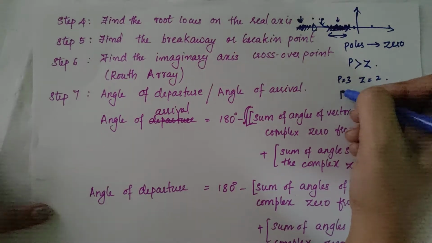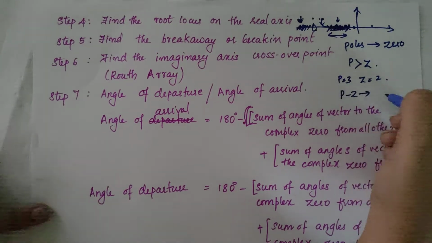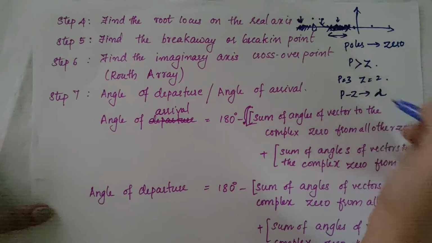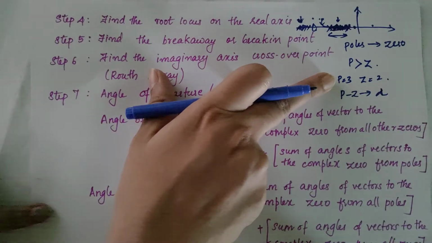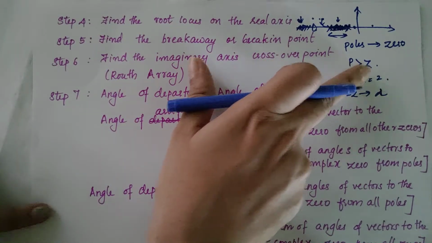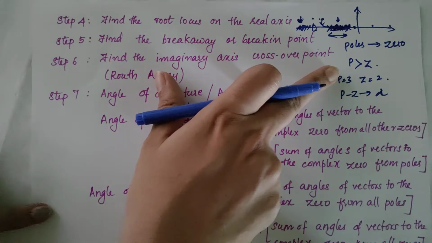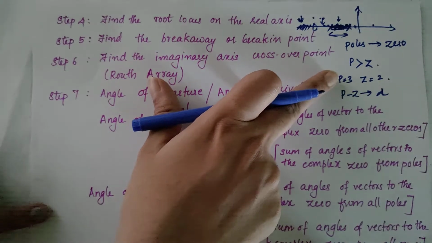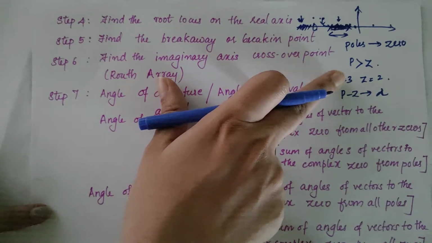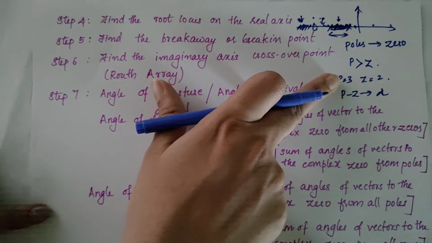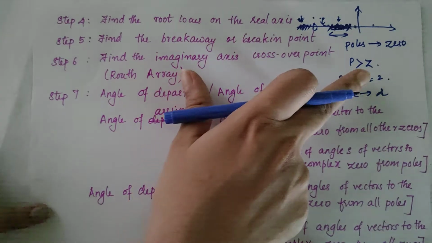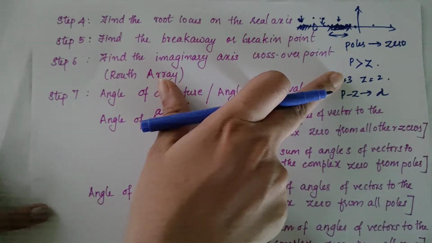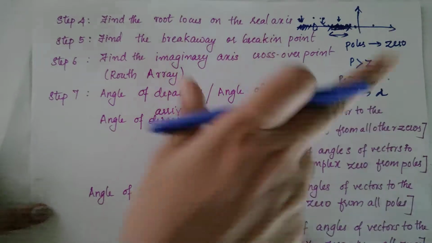Okay, and p minus z branches will terminate at infinity. So if there are 3 poles and 2 zeros, the total number of branches of the root locus will be 3, and out of the 3, 2 branches will start from the poles and terminate at the zeros, and one branch starts from a pole and terminates at infinity.